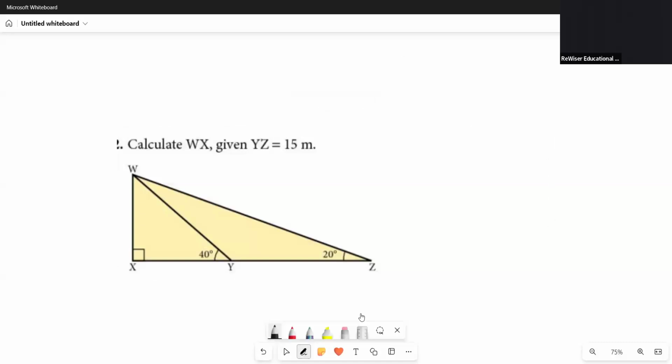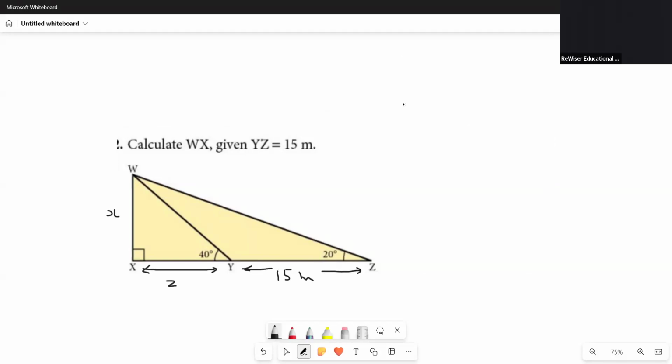Now, if you're solving this question, it says calculate WX, that means you have to calculate this length, which is x. Given that YZ is equal to 15 meters, this length is 15 meters, that's YZ. First of all, we need to calculate this length, say, suppose I'm taking this length as z.